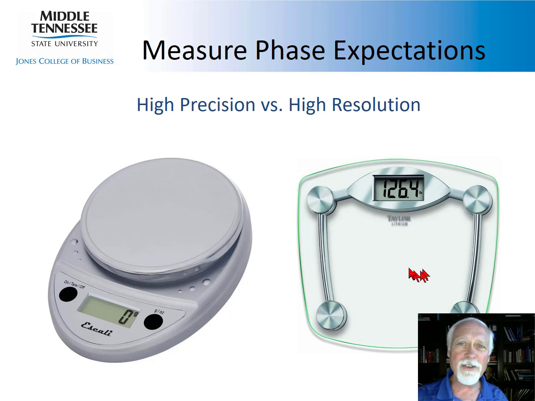This won't work in the kitchen. You can't use this in the kitchen. It may be high precision, as it says, and it may be highly accurate, but it's not adequate for me in the kitchen. So different scales, different purposes, different measurement systems, different measurement processes. So we need to keep this in mind. And we'll come back to and develop the concept of measurement a little bit more in the next video.